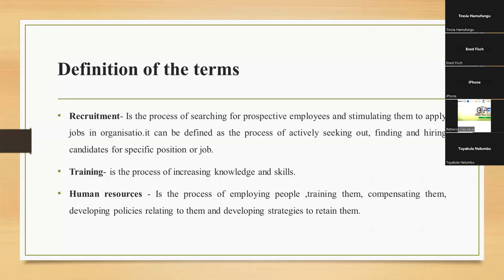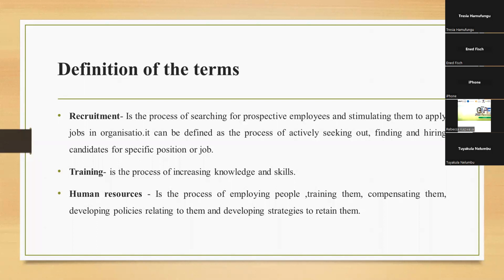Recruitment is the process of searching for prospective employees and stimulating them to apply for jobs in an organization. In other words, recruitment is the process of finding possible candidates for a job or a function.